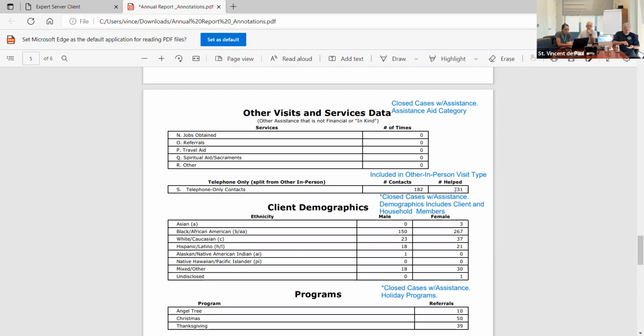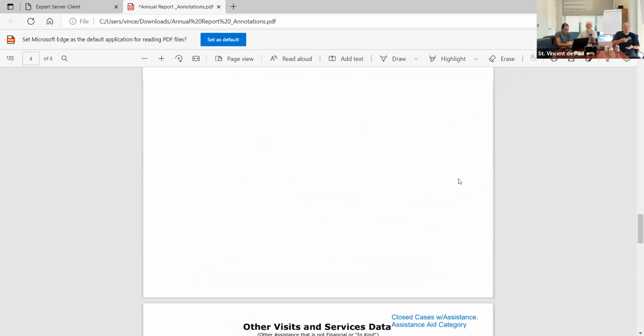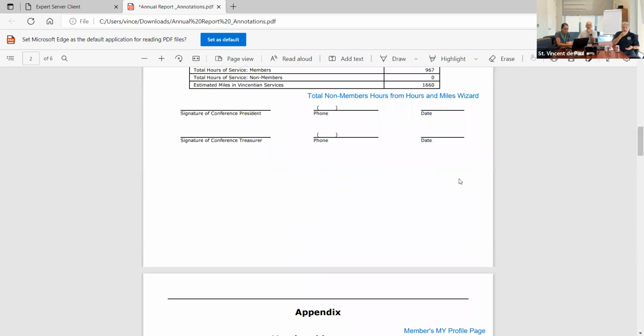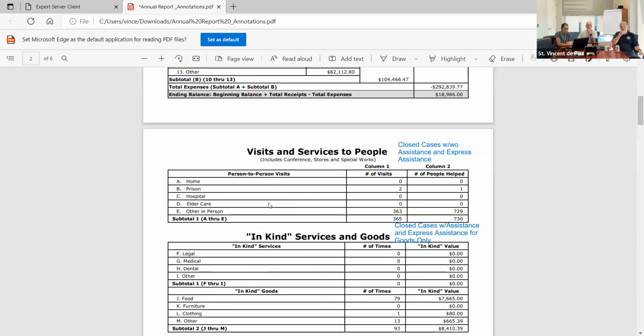Hopefully, we're going to fix this and have a separate line in the visit types right here and have telephone, just like we have all the other ones. If you were working a case and you went to the visit tab and were asked for a visit type, all of these would be in the pull down, and so would telephone. So we should be reporting on that separately so that there isn't any confusion that that other number is included in this number.